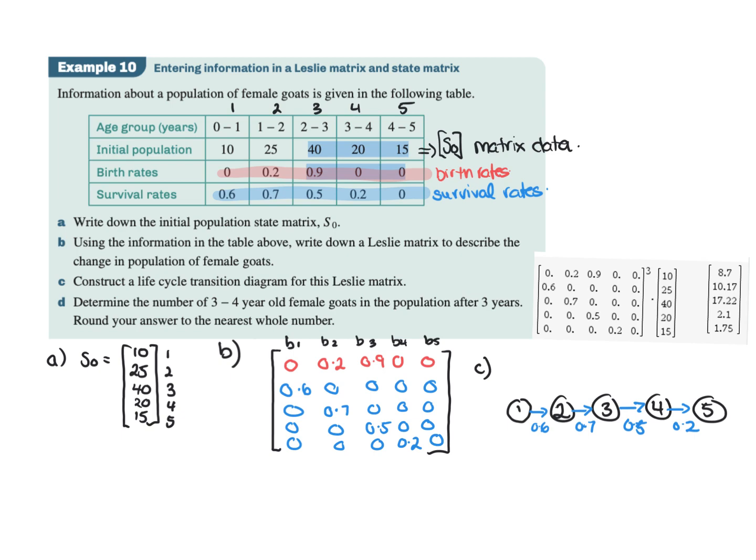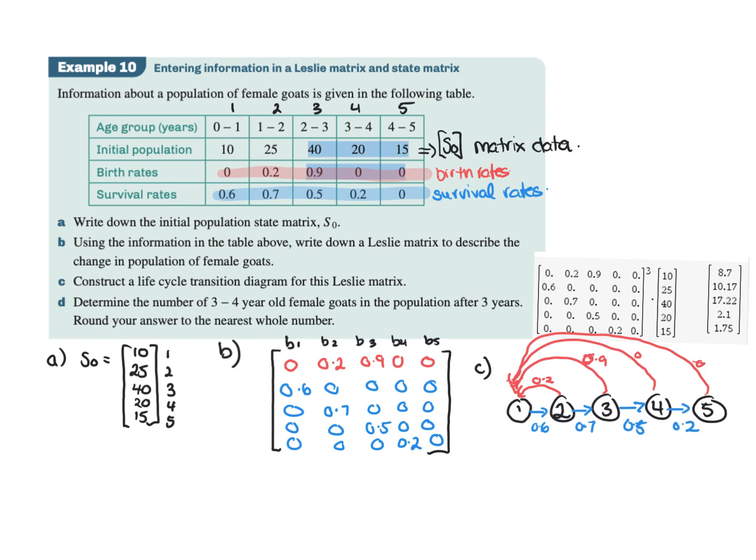All right, and then we're going to do birth rates. From the first group back, it was 0.2. From the third group back, 0.9. The fourth group, 0, and the fifth group. I think either way they will take it, but let's just do it to make sure we're deliberately knowing that it's 0.